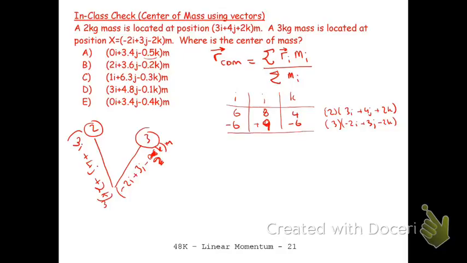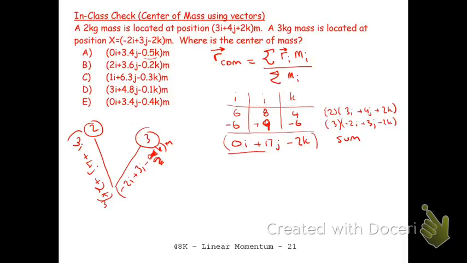Add them together, I'm going to get 0I plus 17J minus 2K, and that's the sum.